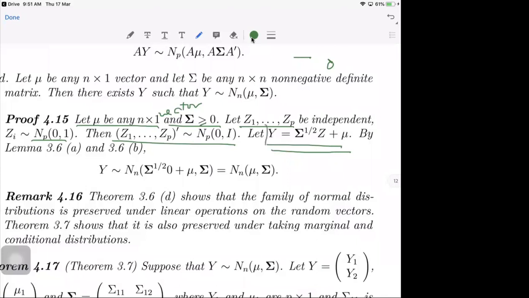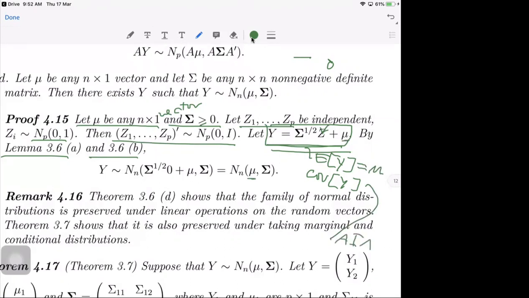So if you try to find the expectation of y and the covariance of y, you will see, applying the previous result that we have, that the expectation of y will be equal to mu because ang expectation of z is just 0, so mabilin si mu. And the covariance will be equal to A, I, A prime.